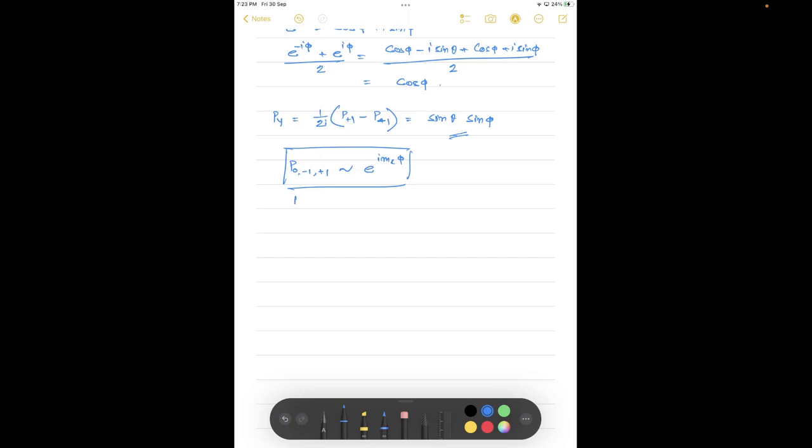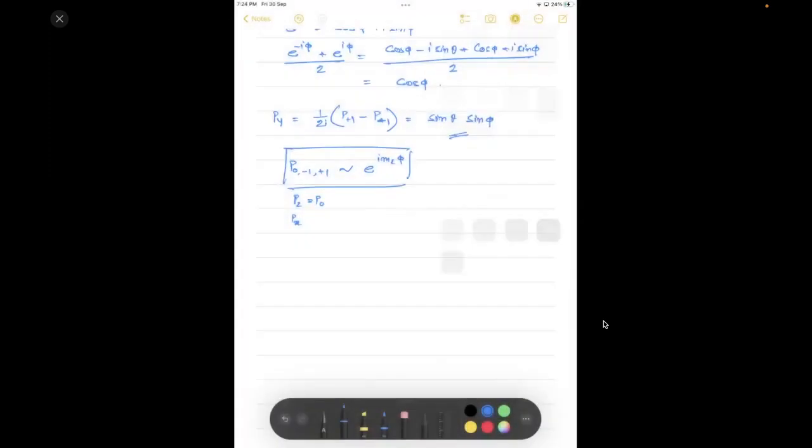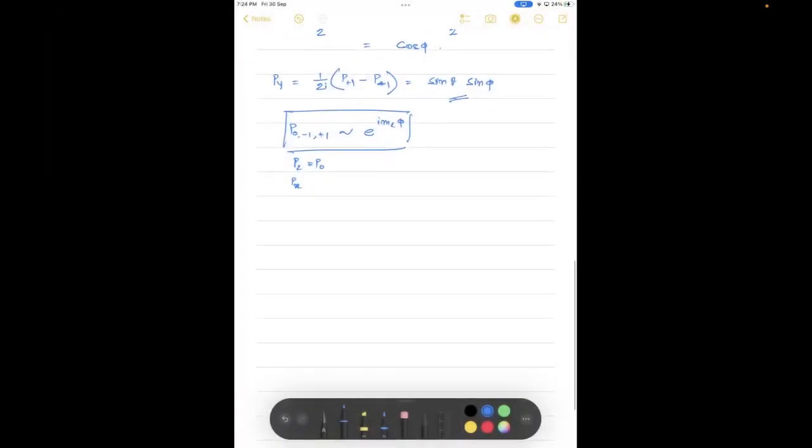The pz orbital is basically the p0 orbital. But px is a linear combination of p minus 1 and p plus 1, and similarly py is also a linear combination of the p minus 1 and p plus 1 orbitals.